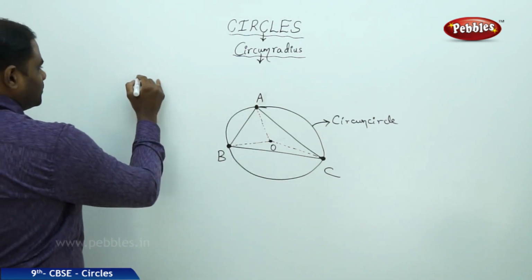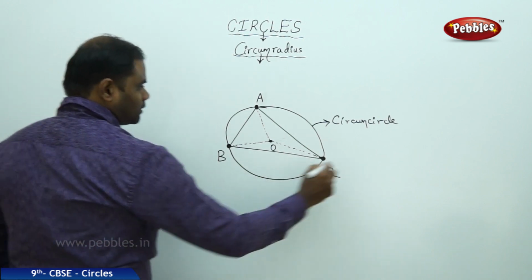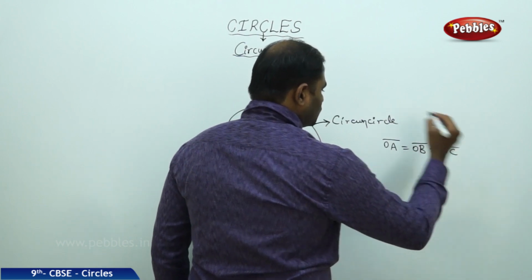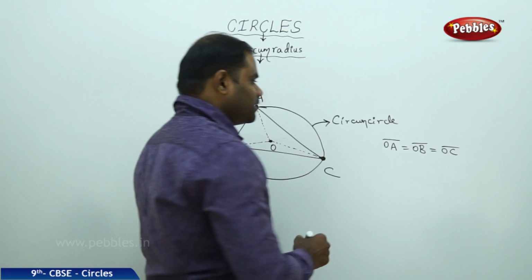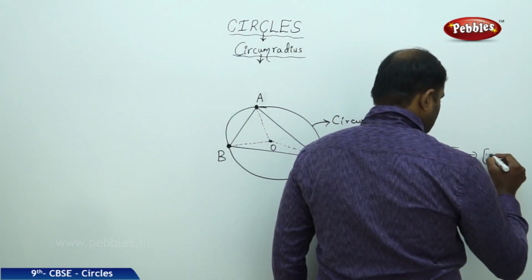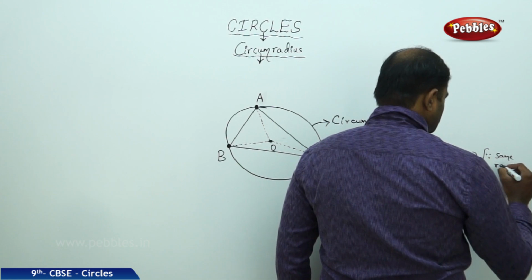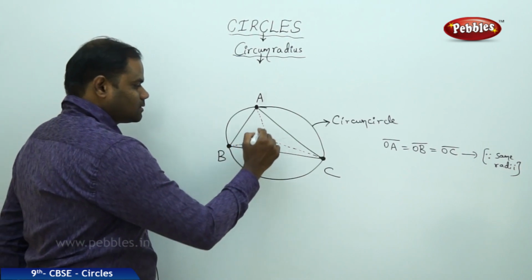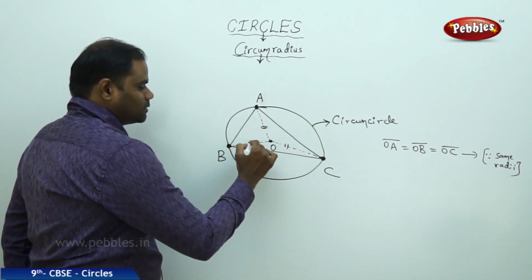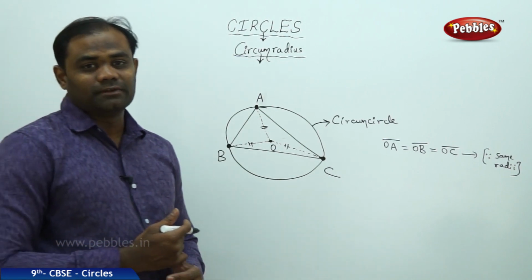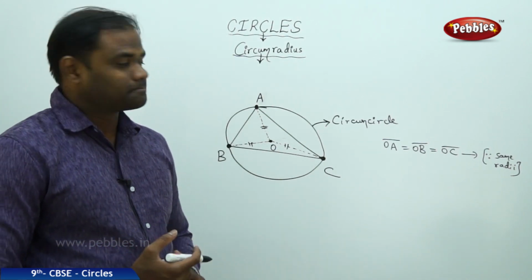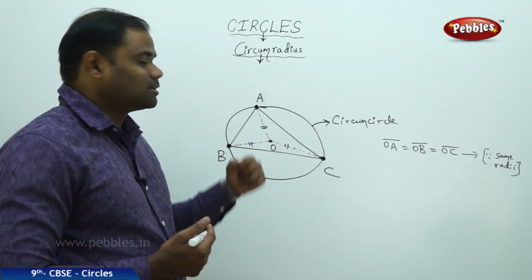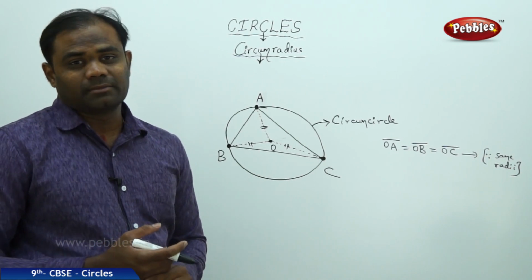That is, I have OA equals OB equals OC, because it is same radii, and that radius of the given circle is called circumradius. The radius of the circumcircle is defined as circumradius.